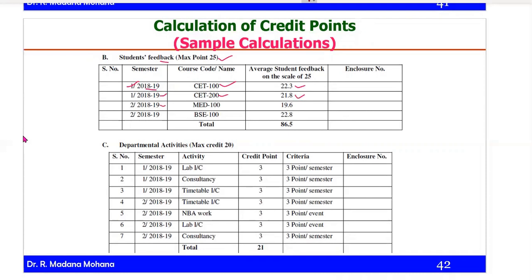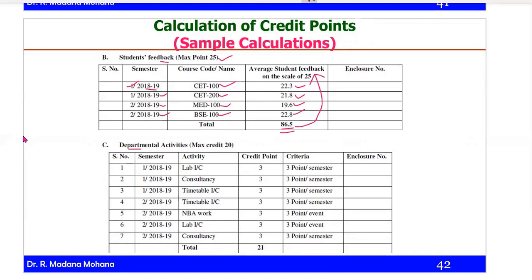Then same academic year, second semester, first course, 19.6. Then second semester, second course, 22.8. Then you can sum all this, you will get 86.5. Again, you have to convert into 25-point scale. You can take 25 percent from this, then you will get the average student feedback.